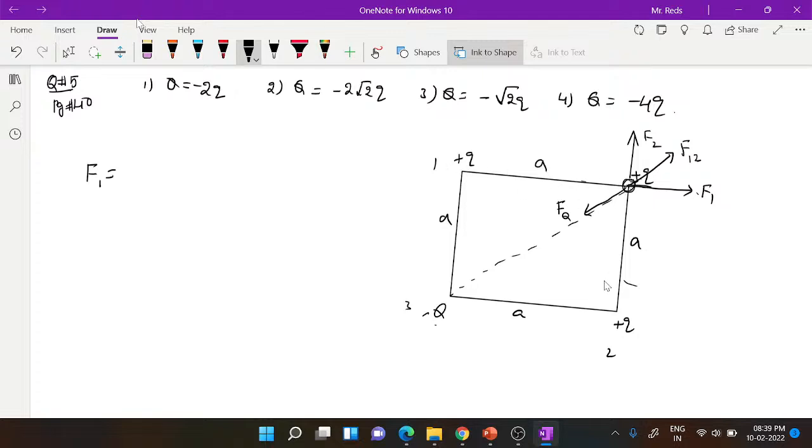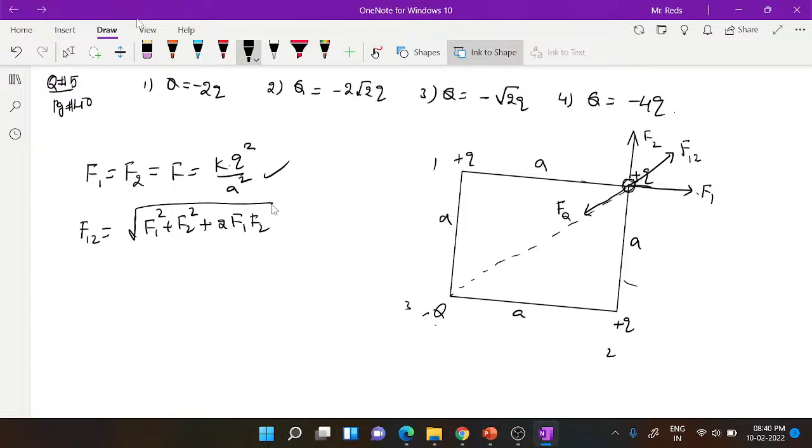Magnitudes of charges are same, distance is also same, so F1 is equal to F2. Let us say this is F, equal to k q square by a square. Now the magnitude of the resultant of these two, F12, is equal to square root of F1 square plus F2 square plus 2 F1 F2.